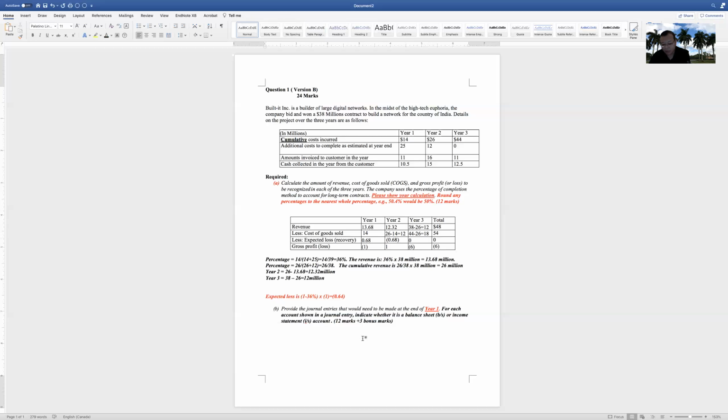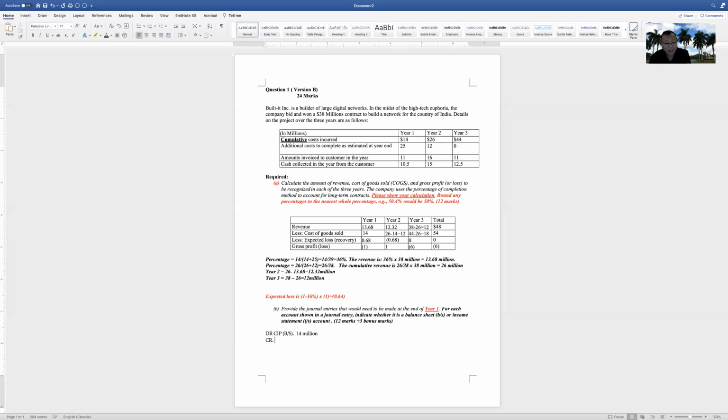Part 2, right? Part 2, you know, the journal entries. You should know this really well. Debit for the cost, CIP, right? So this is a balance sheet item, like an inventory. So that's going to be how much? 40 million for year 1.